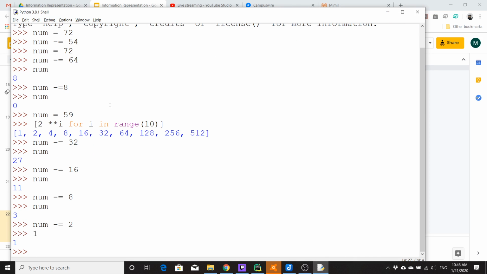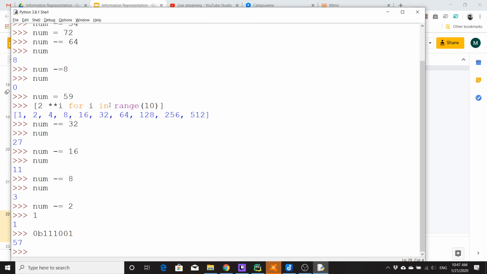So if we look at this value, well, we have 1, 1, no 2s. Do we have any 4s? No, we didn't have any 4s. Do we have any 8s? Yeah, we had an 8. Do we have any 16s? Yeah, we had a 16. We had a 32, which is, oops, off by something.